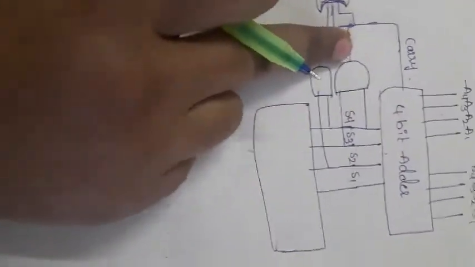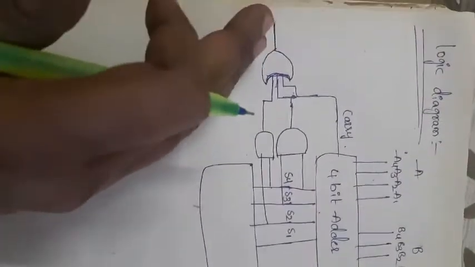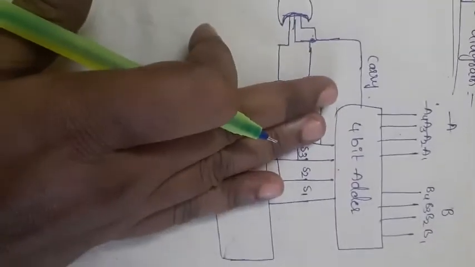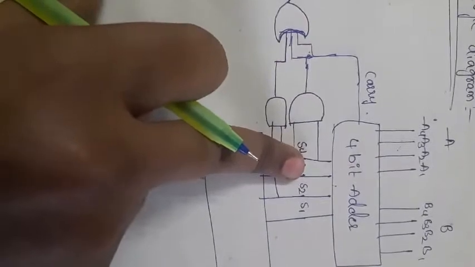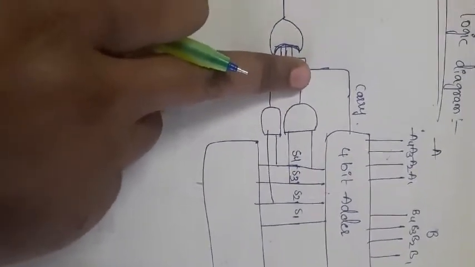So now I have taken carry here also. The meaning of this connection is that the functionality is to detect the errors. That's why I can connect carry here. How to detect those errors: if the sum is greater than 9, or a carry is created, then we need correction.